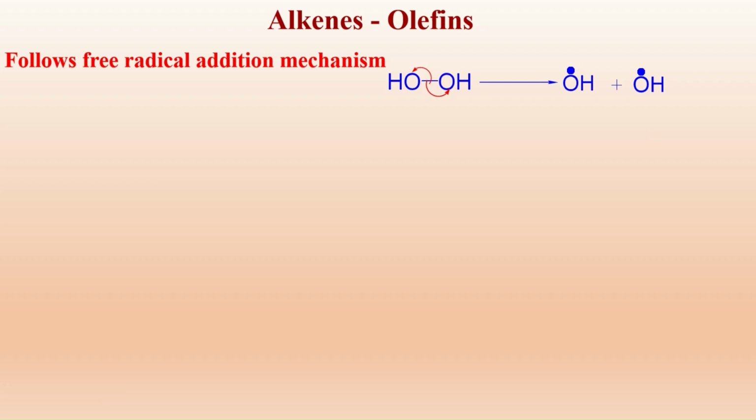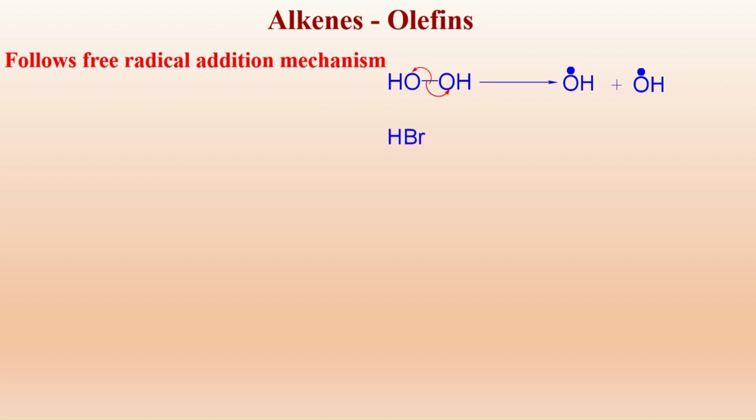As we know, these intermediates are formed transiently. They are highly unstable, and as they are highly unstable, they are highly reactive. They cannot be isolated, but they can be sensed.